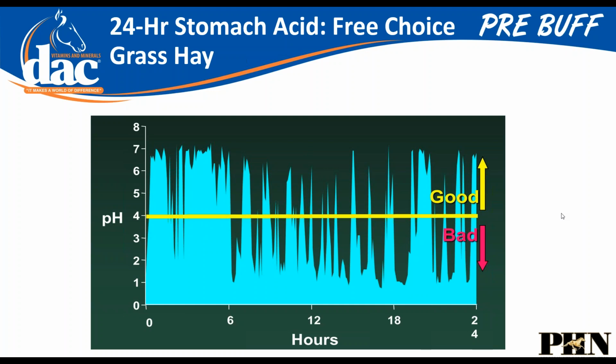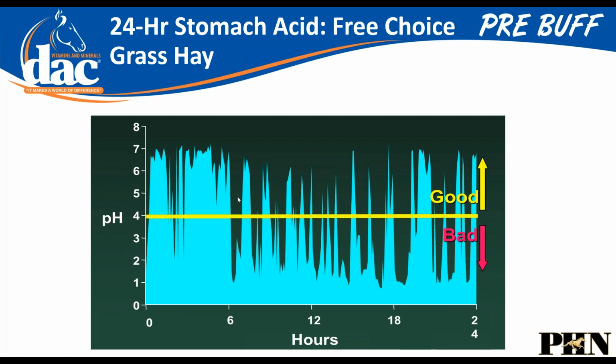We know that if we take that acid out of the horse's stomach and we measure it, just the plain old acid, it's between a 1 and a 2. But that's not normal for the horse. What is normal for the horse is to have saliva buffering it and to have food particles in there diluting that acid. So really we want the stomach environment to sit at around a pH of 4.